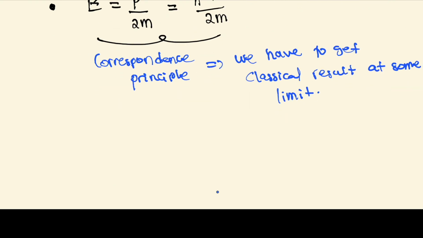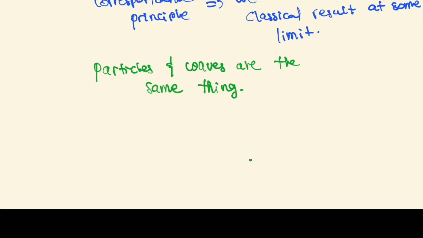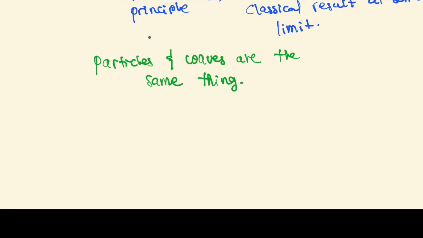From the photoelectric effect and the double slit experiment, it was obvious that particles and waves are the same thing. Therefore, we can start by writing the simplest wave equation we can for a particle. Going back to our wave equation that we wrote earlier, some operator acts on an eigenfunction to give us our eigenvalue, or a measurement, multiplied by our eigenfunction. So let's write the simplest equation that we can think of for our eigenfunction.